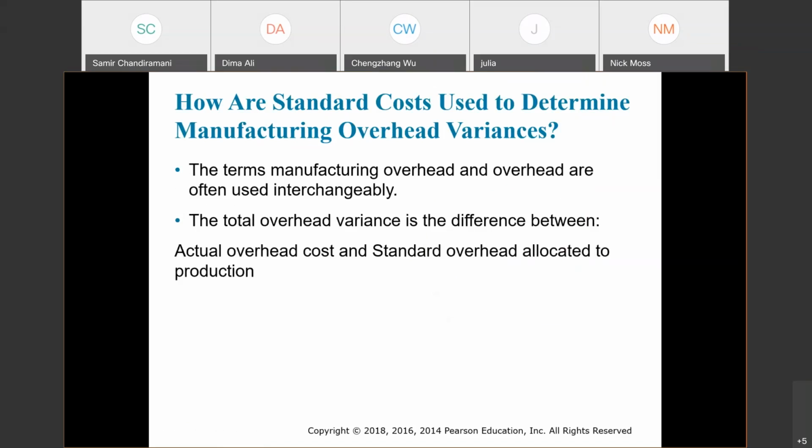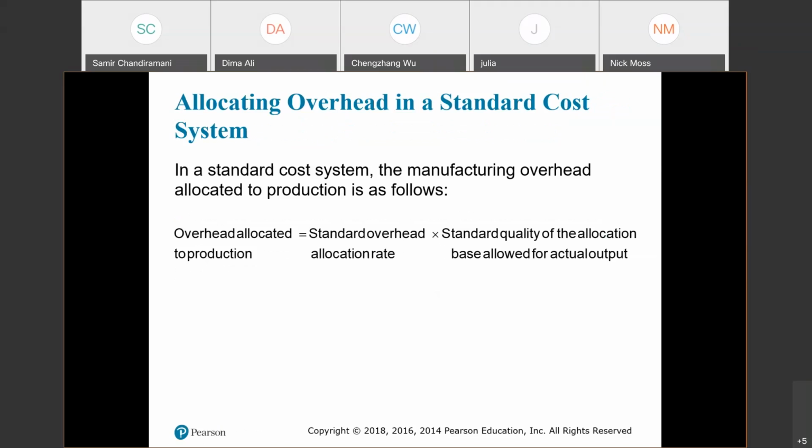In a standard cost system, the manufacturing overhead allocated to production can be calculated as this: overhead allocated to production equals the standard overhead allocation rate times the standard quantity of the allocation base allowed for actual output.